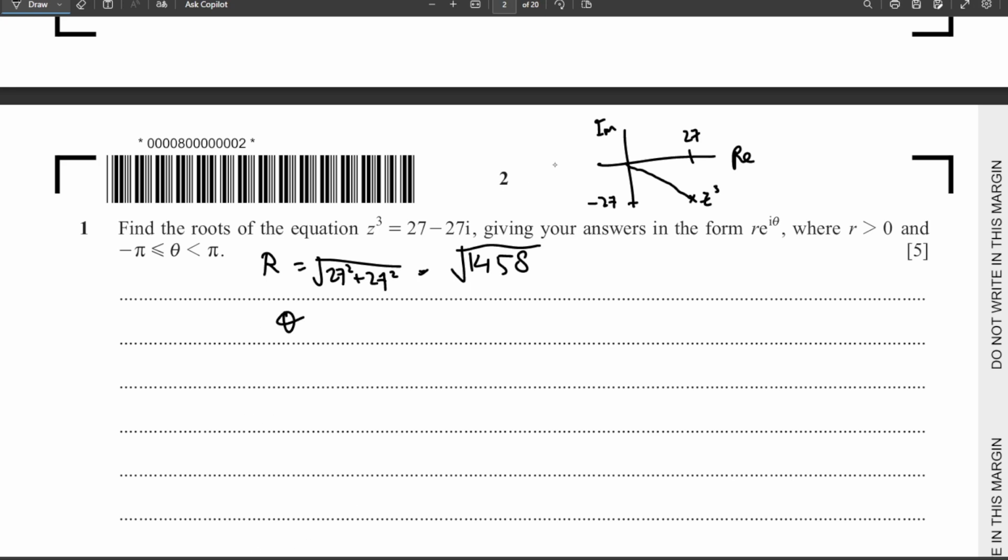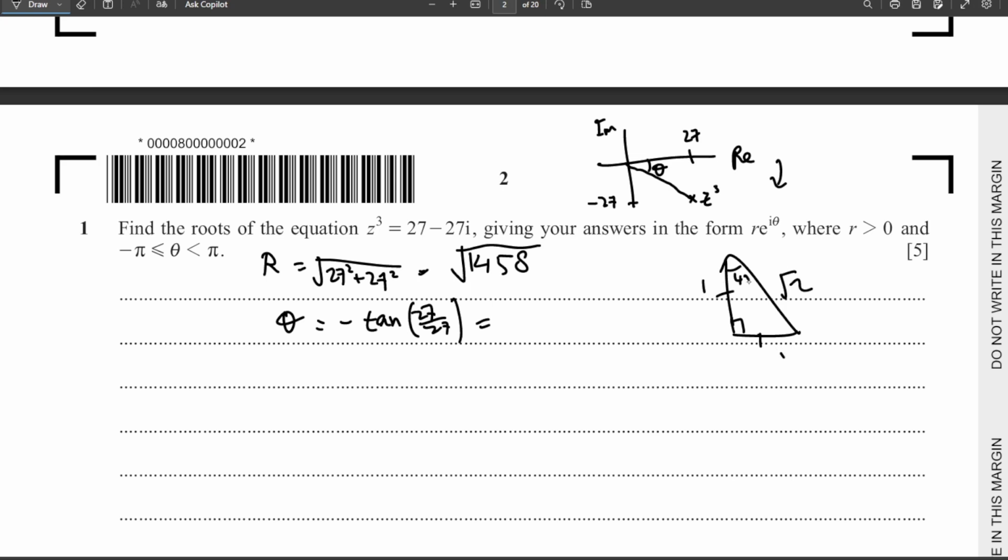And to find the angle theta, it is measured from the positive x-axis but turning clockwise. So first of all it is a negative, and we're also going to have the inverse tangent of 27 over 27. That will be tan to the power of negative 1 of 1, which you can recall from your 45, 45, 90 triangle, with sides 1, 1, square root 2.